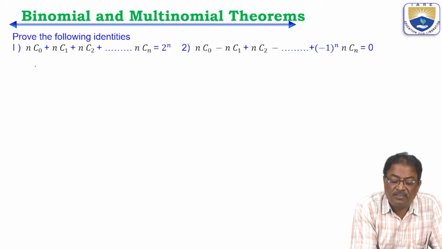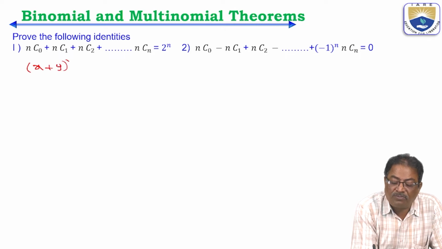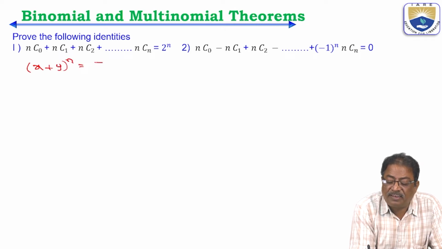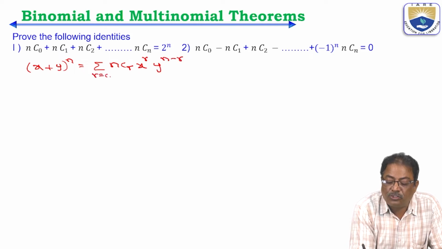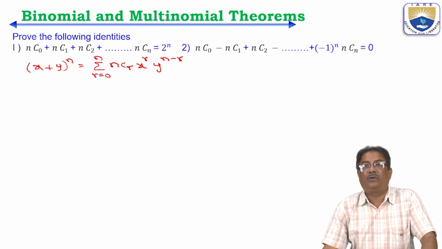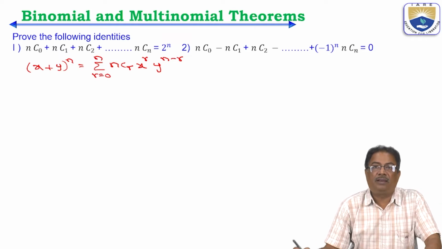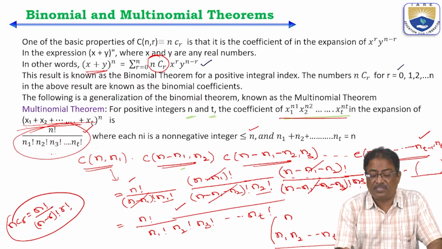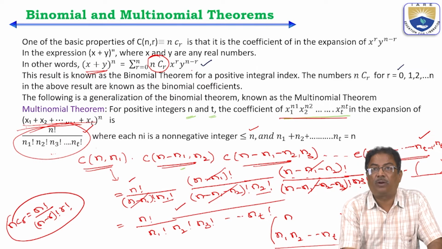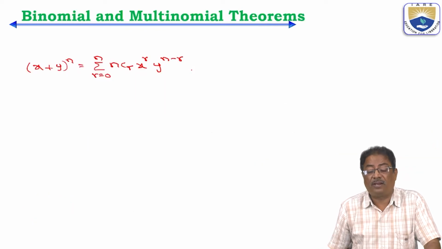So the first one is, what is (x plus y) whole to the power of n? As we specified, this is nothing but the summation of NCr, x to the power of r, y to the power of n minus r, where r equals 0 to n. This we specified earlier.